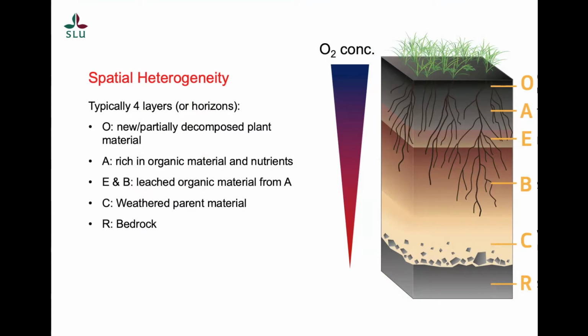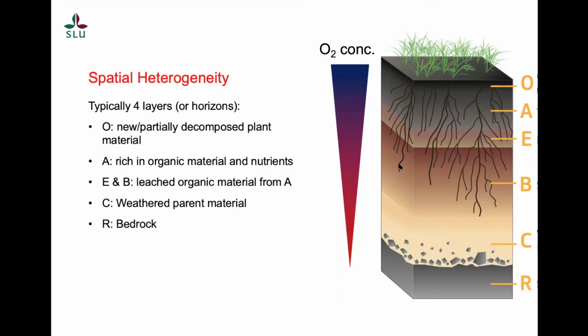If you start at the top where most of the organic material is, from decaying plant material, in this upper area, the O horizon, this is usually where you're going to find the majority of life in soil. It can be anywhere from 80 to 90% to almost all of the life in soil in these upper layers, the O and A, the topsoil.